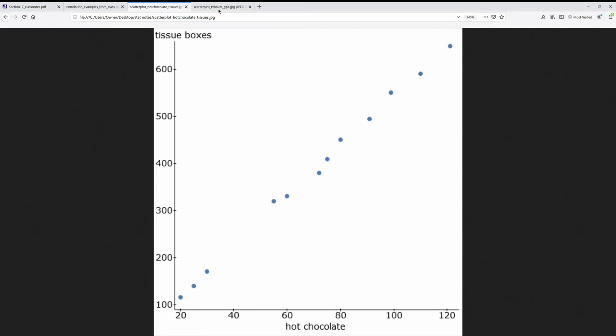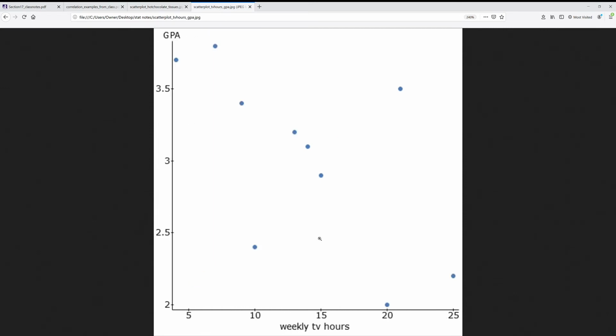Let's take a less obvious example of the weekly TV hours and the GPA. Let's say for the sake of argument that the line that best fits these dots runs something like this. Then horizontally, if you're around 21, you'll be about here, right? Now remember, you can have dots above and below other dots.